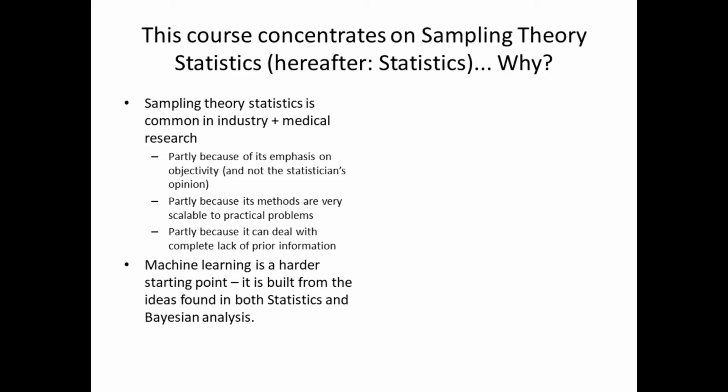Partly it's because sampling theory statistics are quite scalable to many practical problems when we do have the ability to do repeatable experiments. And partly it's because sampling theory is able to do hypothesis testing and rejection when we have a complete lack or radical uncertainty about what's going on, or a complete lack of prior information. That's useful in industry where we probably don't have multiple complete alternative physical theories about some new industrial process.